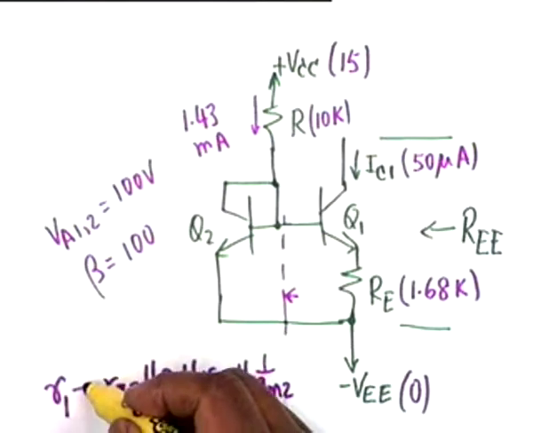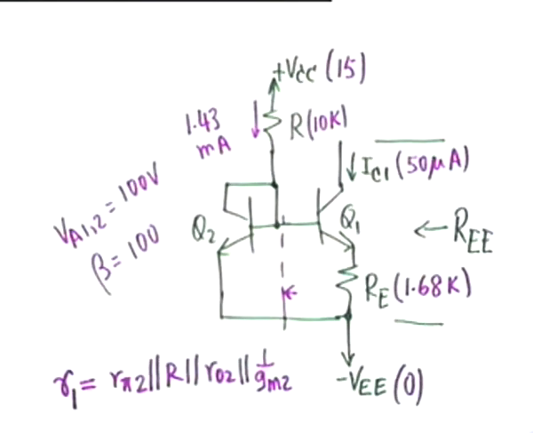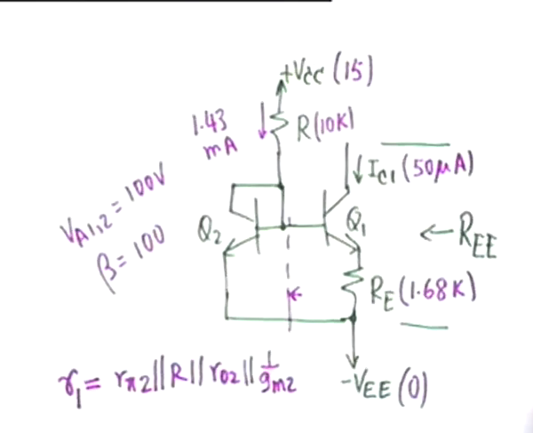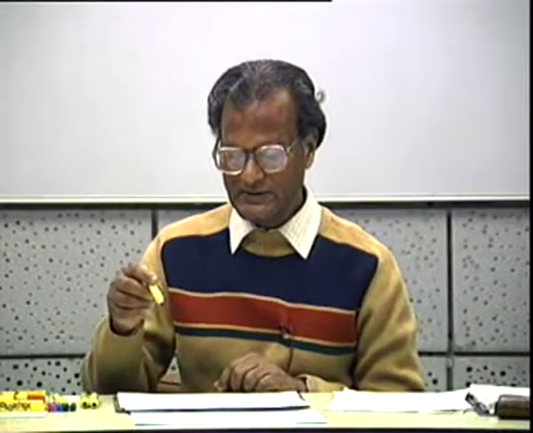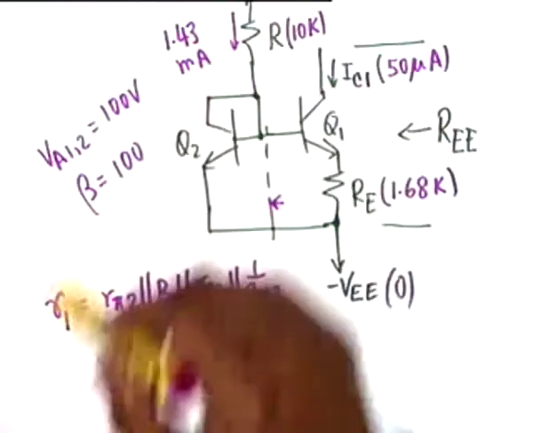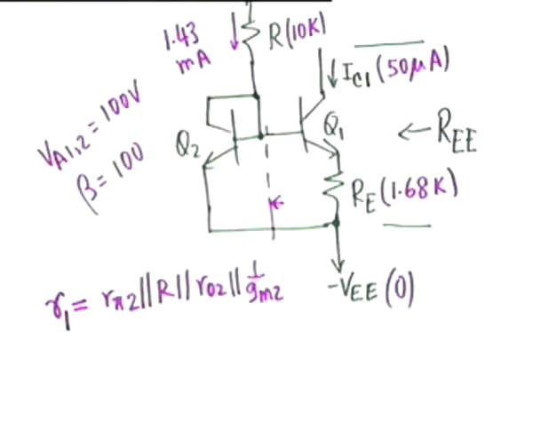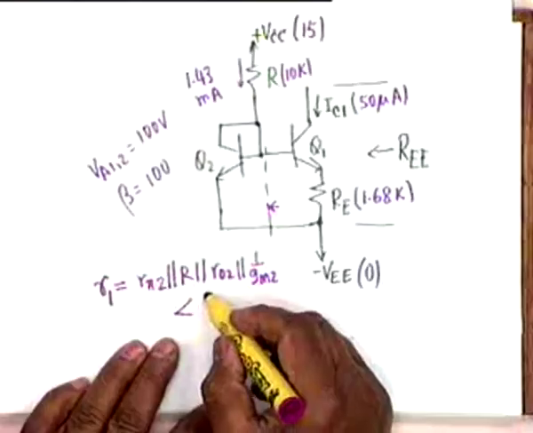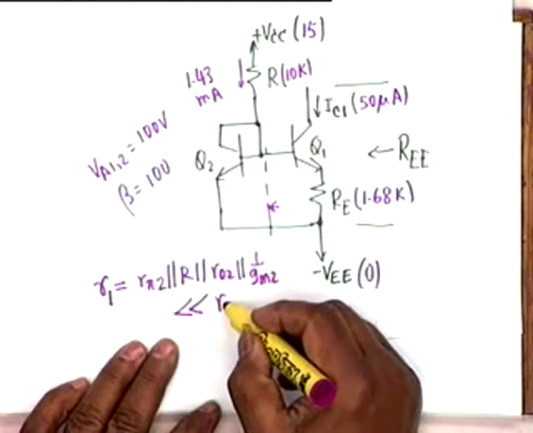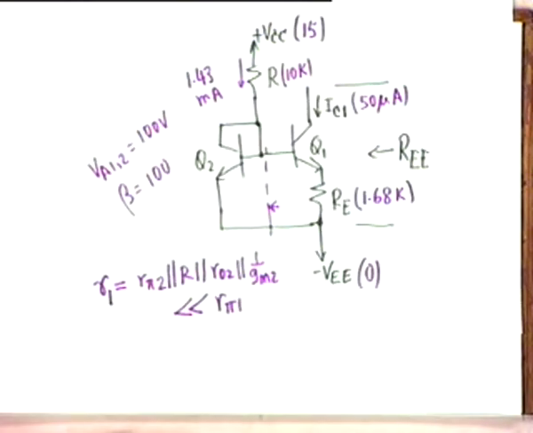This we had agreed to call small r sub 1, and we also argued that because IC1 is much less than IC2, R pi 1, which is inversely proportional to IC1, must be very large compared to R pi 2, and therefore R1 is very small compared to R pi 1, and we could ignore it in the equivalent circuit.